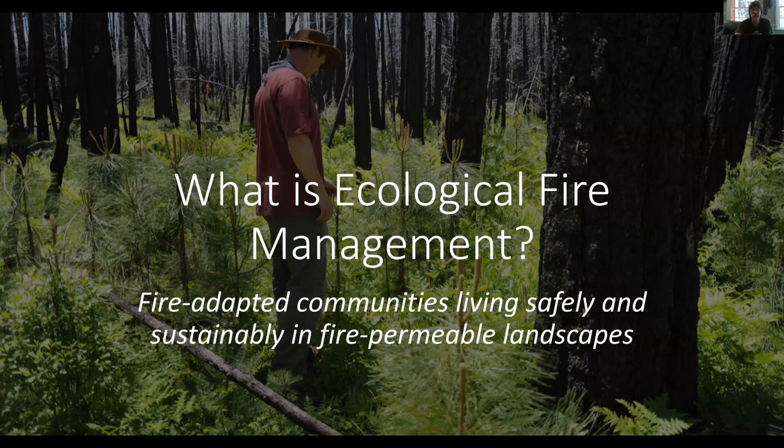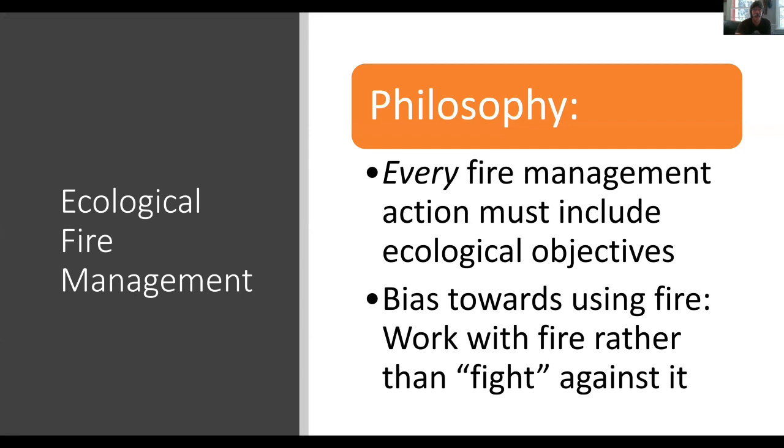Where we want to be someday is fire adapted communities living safely and sustainably in fire permeable landscapes where fire can safely pass through the landscape without causing destruction, death to people and their properties. And a basic philosophy for ecological fire management is every fire management action must include ecological objectives.